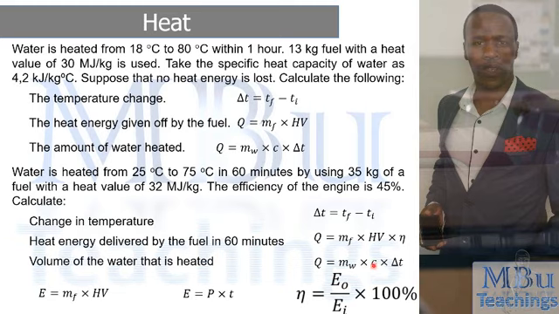Again, we are using the same equation similar to the ones we used previously, but just now we included efficiency. That was a new thing that we were trying to show you can include in these formulas, efficiency.